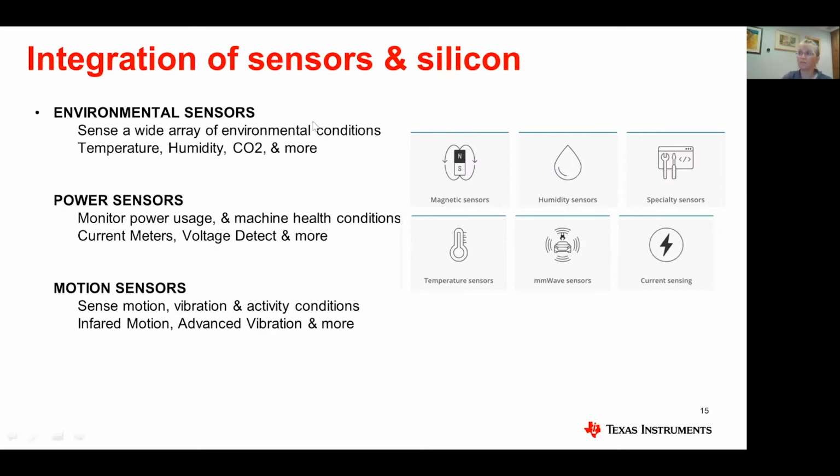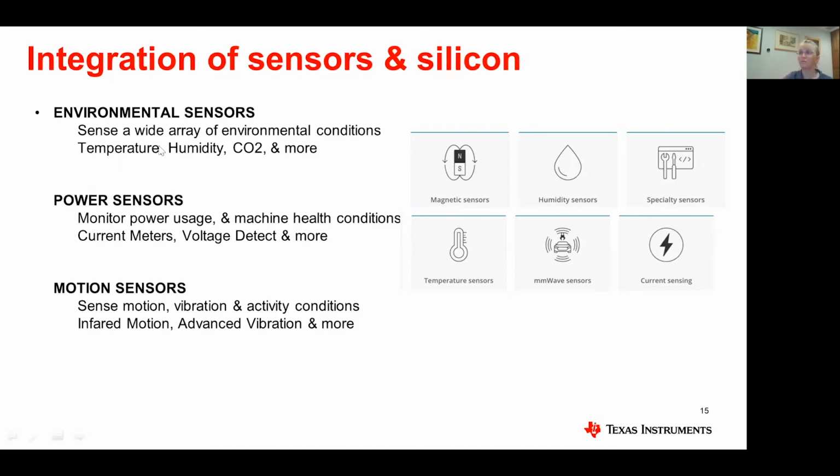Sensors are one of the areas where, because the sensor itself must interact with the outside world, it poses another layer of challenge in protecting for ESD.